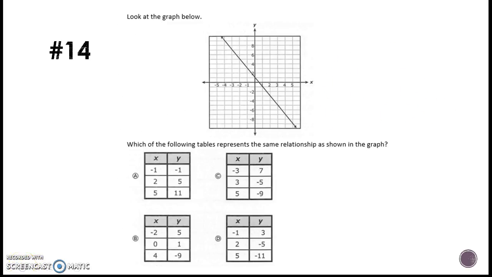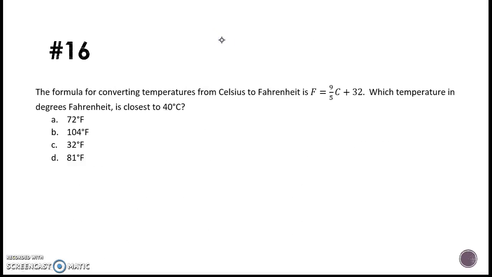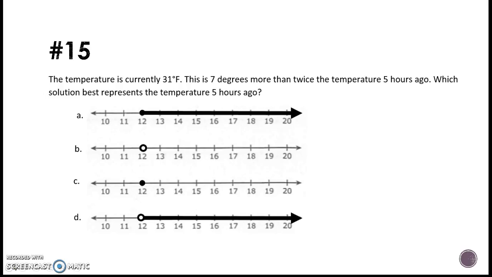Okay, so number 14, look at the graph below. Which of the following tables represents the same relationship as shown in the graph? So I want to go through and I'm going to see at what points the line is crossing the grid.